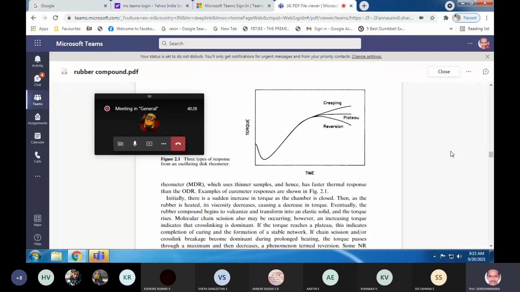These two, geometry and the modulus, translate as a product stiffness.